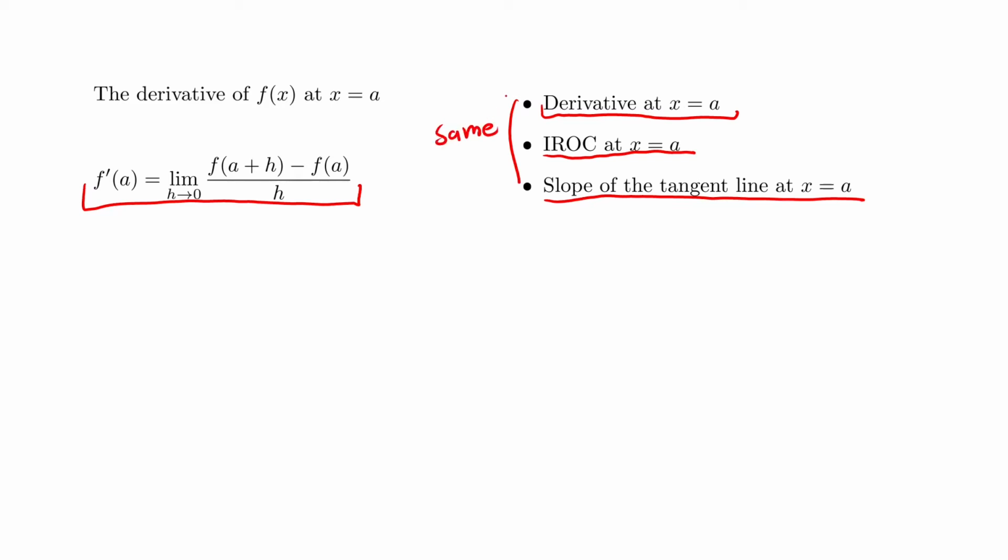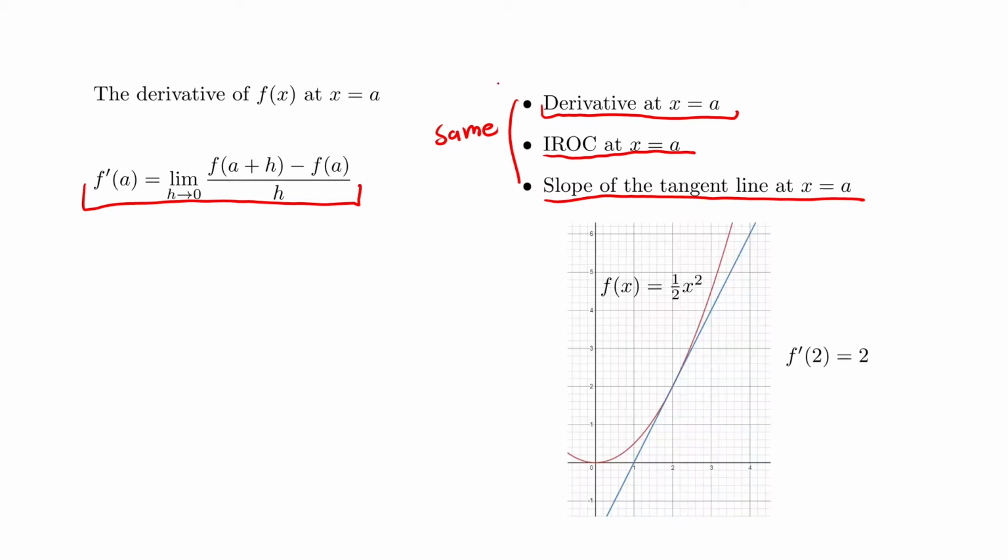And just to do a quick example to show the concept here, if we were to think about the function f of x equals 1/2 x squared, and I want to figure out what the derivative is at x equals 2. Well, that's going to be the same thing as the instantaneous rate of change, or the slope of the tangent line at x equals a, or x equals 2 in this particular case.